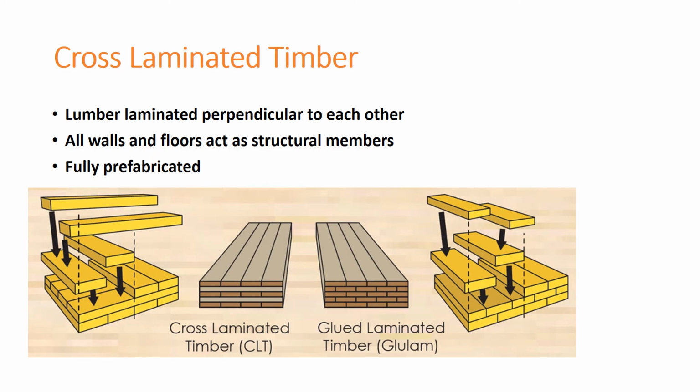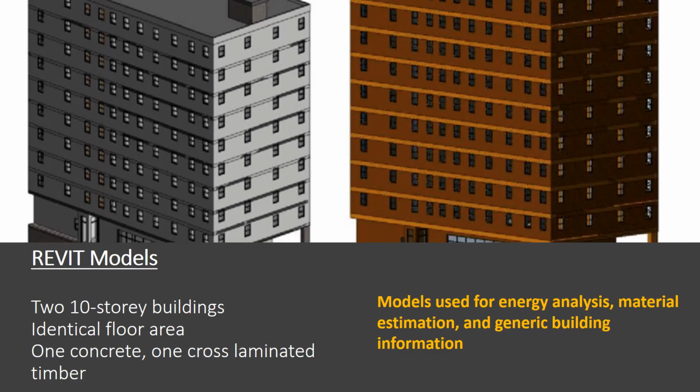The size was limited by the manufacturing. So for our project, we designed a 3D model of a 10-story building, and the component superstructures were concrete and CLT, using Revit to primarily do all our estimates for takeoffs and energy efficiency.